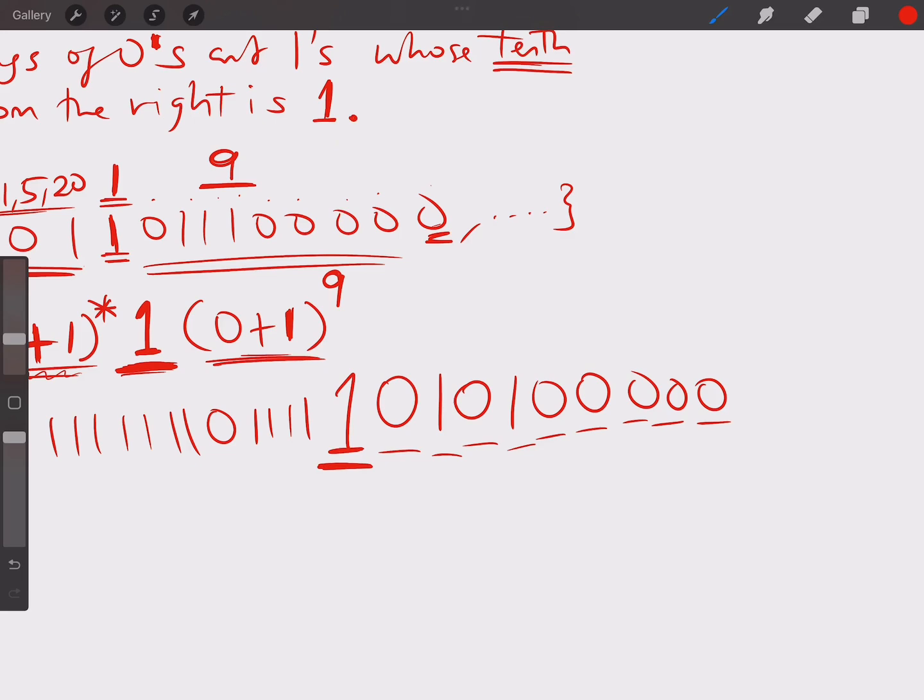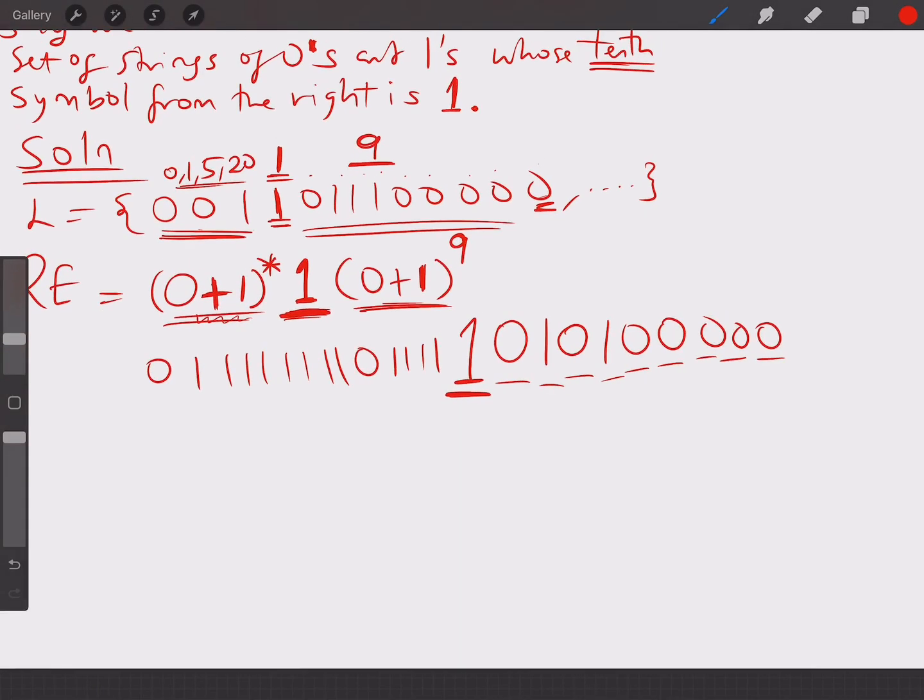On the other hand, we can have nothing, an empty string here for this guy, then 1, then 1, 1, 1, 1, 1, 1, 1, 1, 2, 3, 4, 5, 6, 7, 8, 9. So if we start counting, 1, 2, 3, 4, 5, 6, 7, 8, 9, the 10th symbol from the right is 1. So regardless of if there's nothing on the other side, doesn't really matter. That checks out. So, moving on.